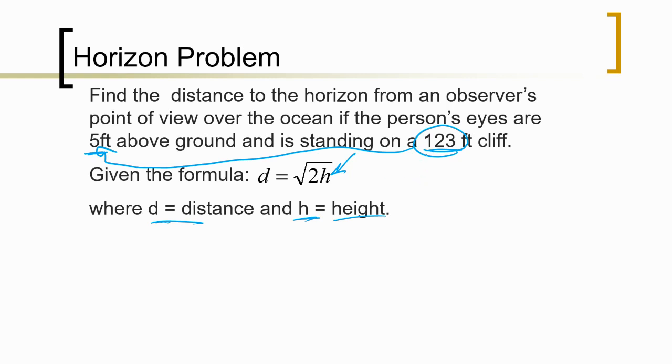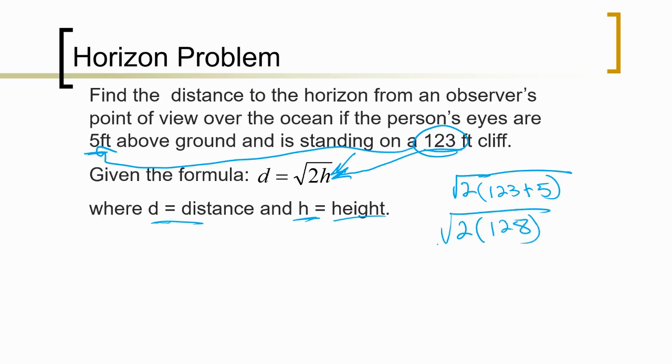So we put the height inside here as the square root of 2 times 123 plus my 5. And that's going to be 2 times 128. And so my distance is going to be 2 times the square root of 128, or the square root of 256.